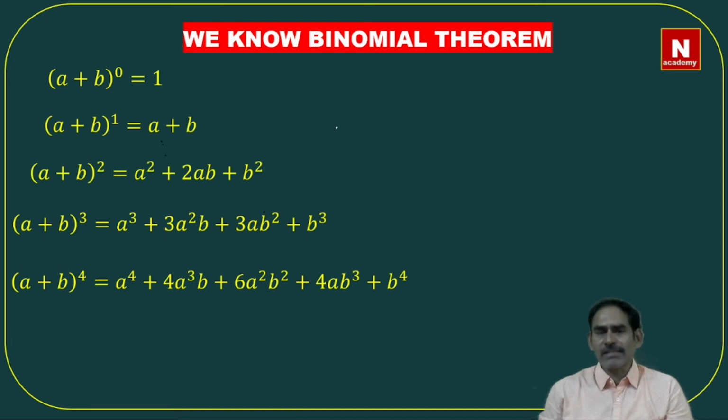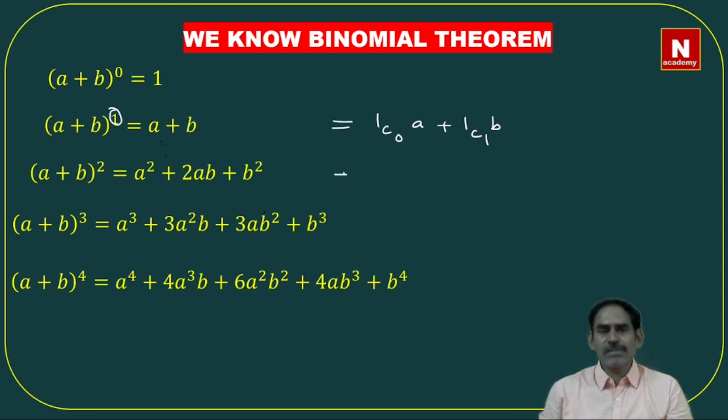This can also be written with the coefficient of a being 1, which with respect to the index you can write as 1c0 into a. 1c0 will be 1, plus the coefficient of b is 1, which can be written as 1c1 into b. 1c1 is also 1. Finally, this equals a plus b.